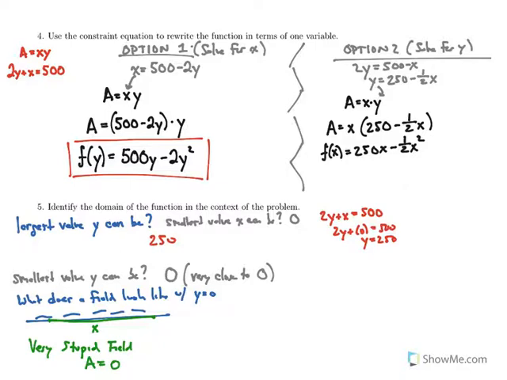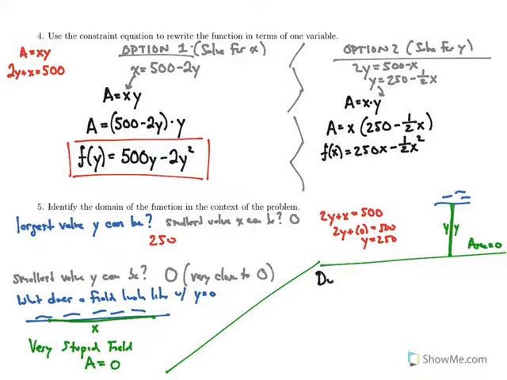Note that this is also a very stupid field. We have kind of two fences, one on top of the other, with an area of 0. So there are two options here.